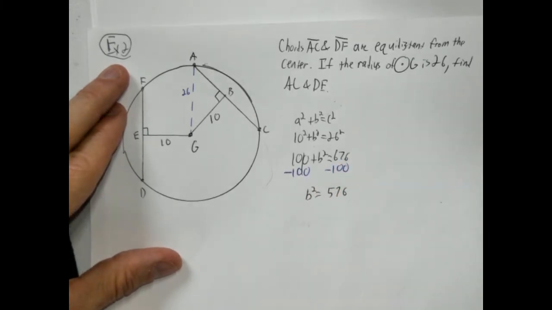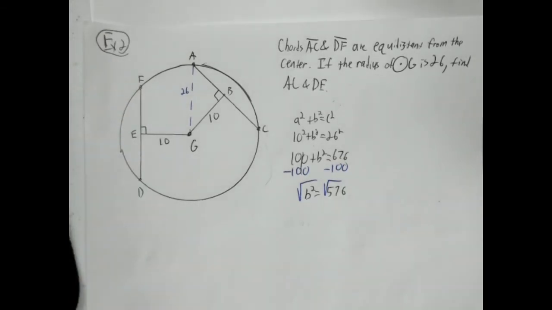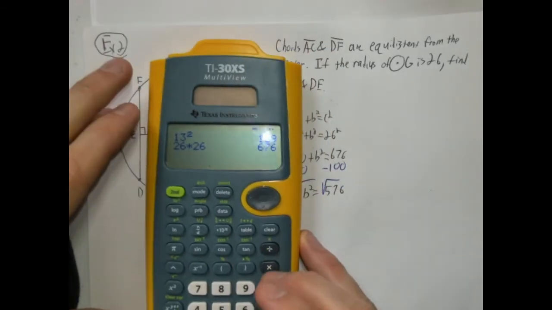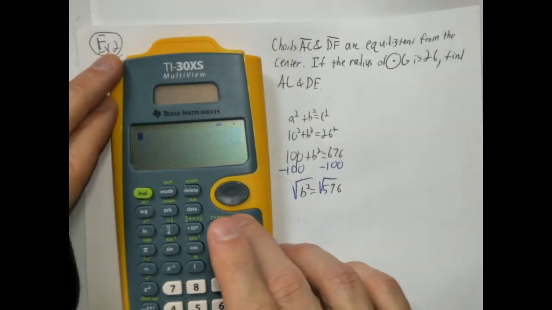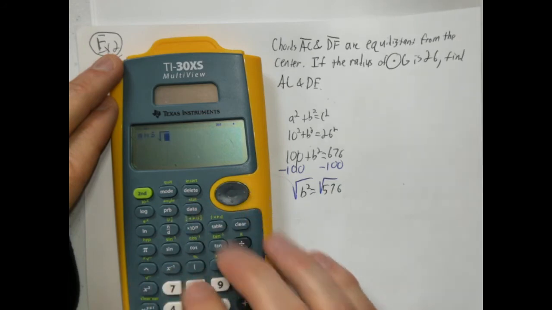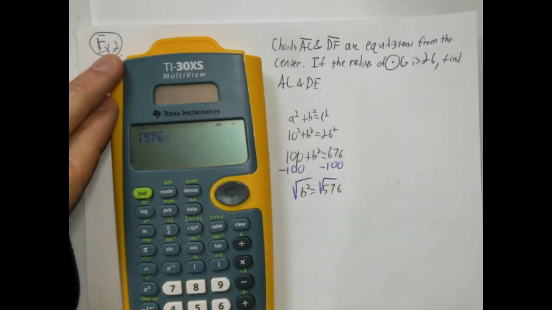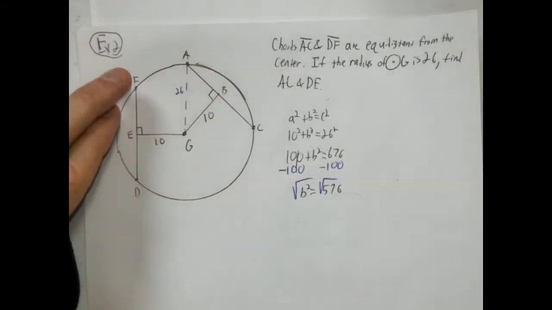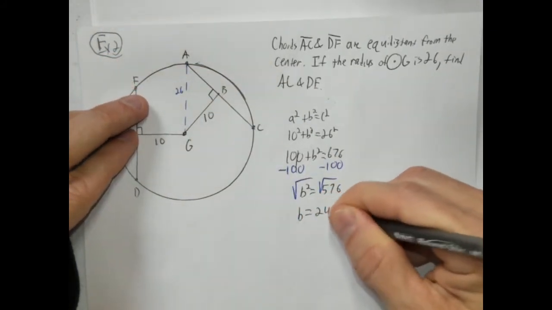And let's square root that, see what we get. Oh, no, that's not what we want. Square root of 576. There we go. 24. I did not know that. So b is equal to 24.